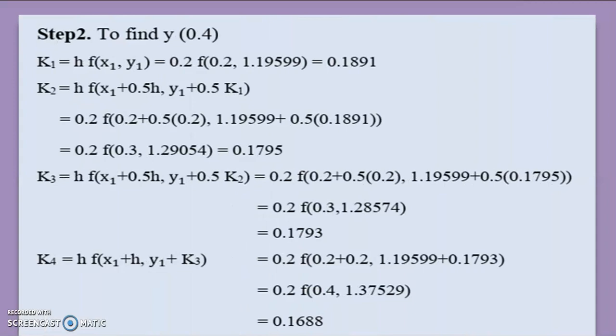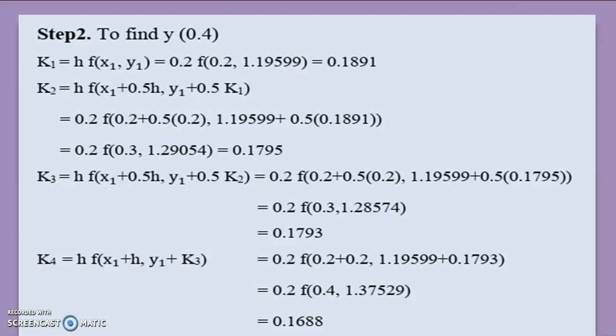To find y of 0.4, again I have written the k1 formula. But this time the formula is h into f of x1 comma y1. So that is 0.2 into f of x1, which means 0.2, and y1. In step 1 we have the y1 value. So y1 is 1.19599. Already we have the f of x, y formula.